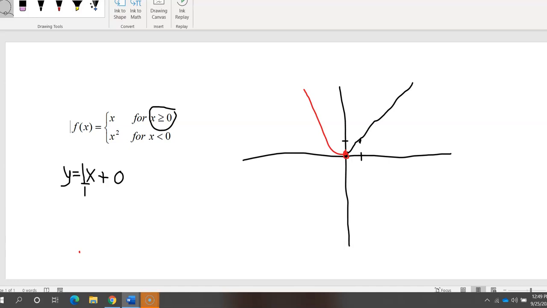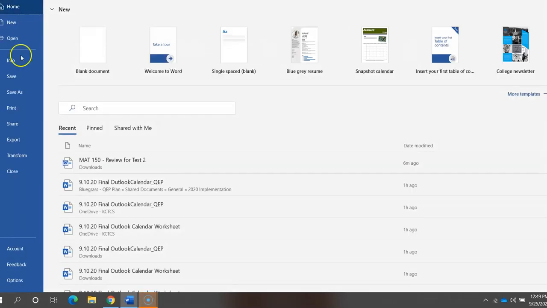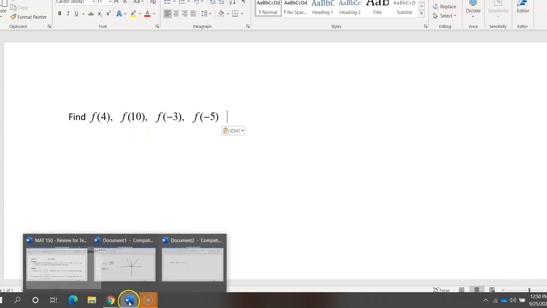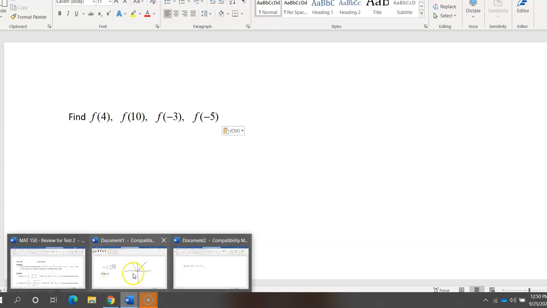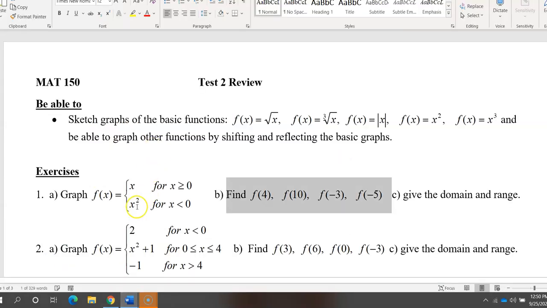Problem is my little controls for my video are over the top of my word controls. Let me just open another one and we'll recopy this. I have to get it from the review, I guess.